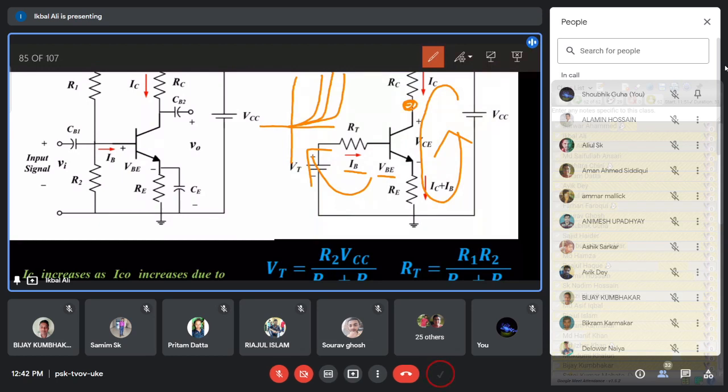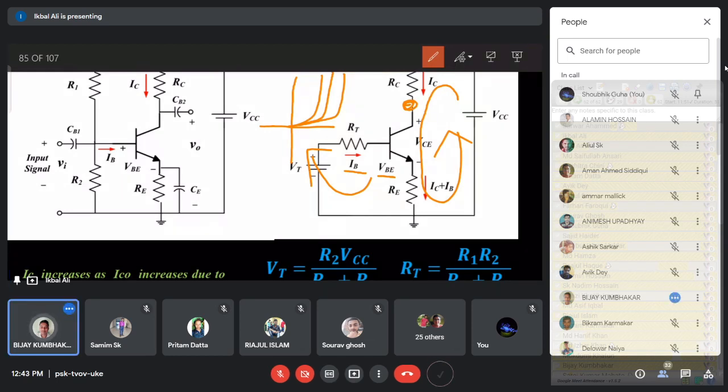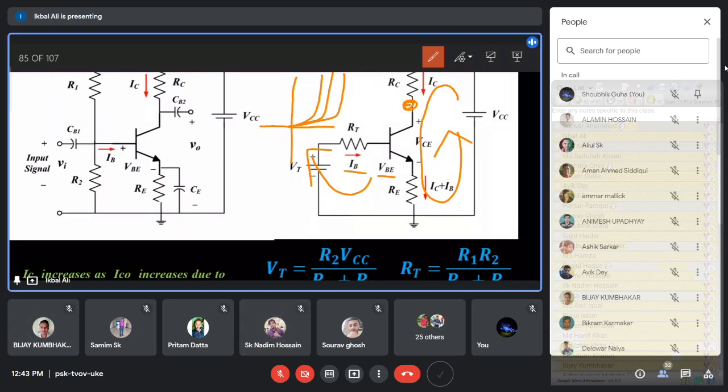But for the output characteristics of the transistor, which are the parameters that you draw? Collector current and collector emitter voltage, yeah, IC and VCE.